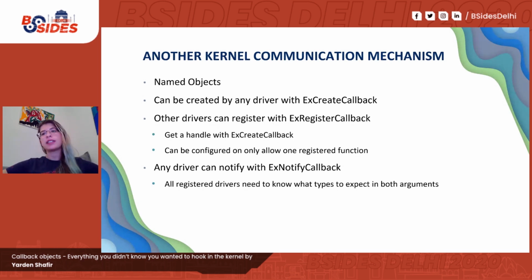So as long as all sides of the communication agree on which arguments these are and which types they're in, you can have your own internal communication mechanism inside the kernel. But it's not private. Anyone can register to any callback, almost. We'll see how that's not true and how it's still kind of true anyway.